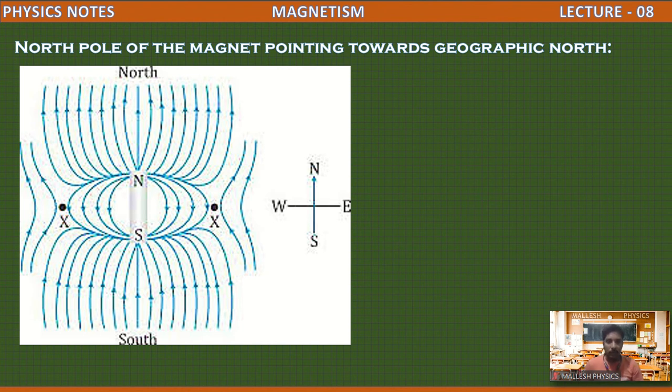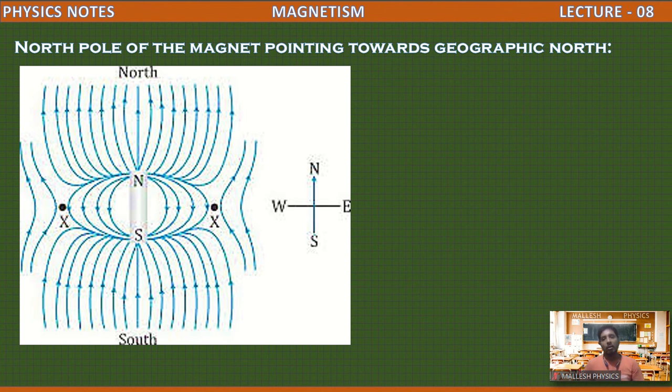Now see this diagram. This is the pattern of magnetic lines of force, and everywhere on the magnetic axis, the direction of the magnetic field is upward, and the direction of Earth's magnetic field is also upward. So both are acting in the same direction.